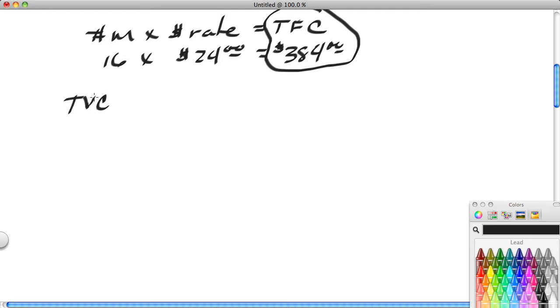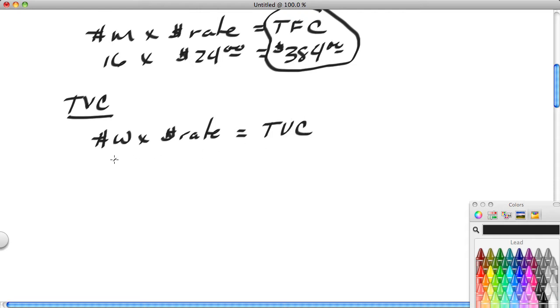As the term would suggest, total variable cost varies. It varies even in the short run. So if you take the number of workers times the dollar rate paid to these workers, you're going to get the total variable cost.